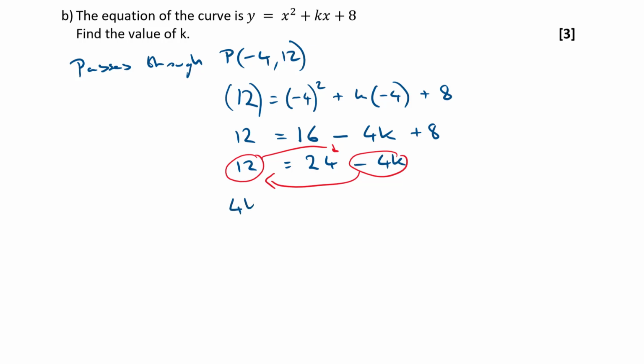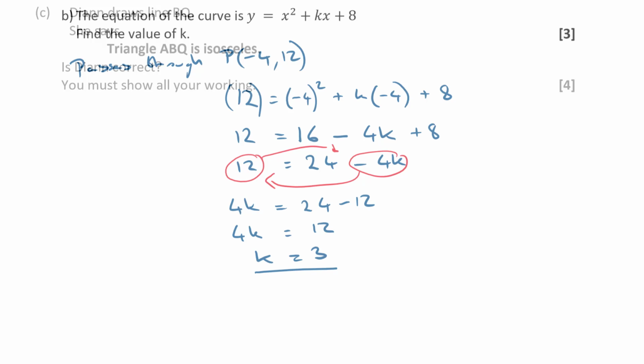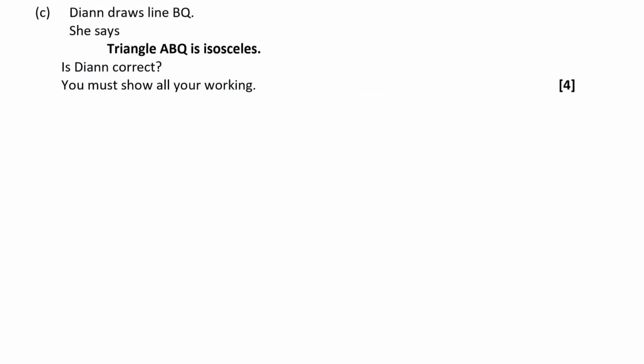And that's going to give me 4k is equal to 24 subtract 12. In other words, 4k is equal to 12. And then dividing through both sides by 4, we're going to get k is equal to 3.